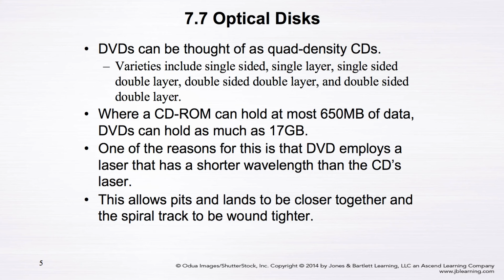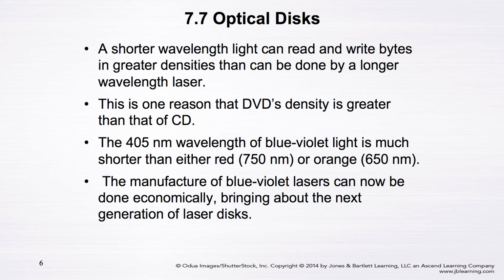So for the same size of DVD, we can condense more data into the same space. A shorter wavelength light can read and write at greater density than can be done with the longer wavelength laser. This is one of the reasons that DVD density is greater compared with that of the CD.